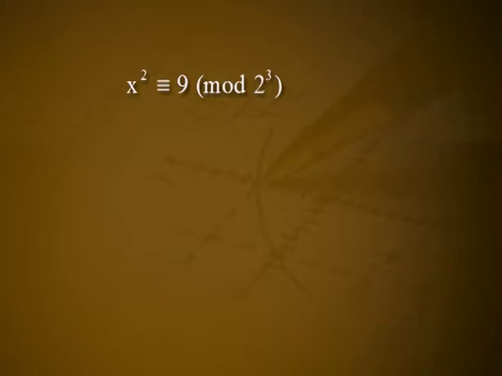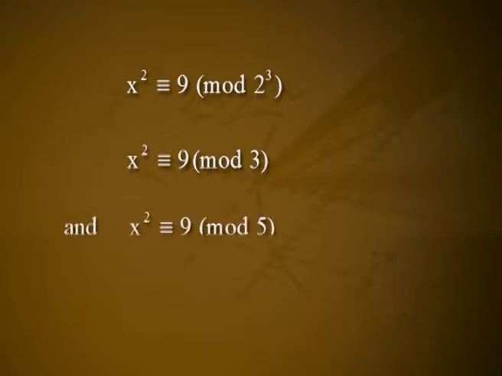Example 4. Prove that the quadratic congruence x² ≡ 9 (mod 120) is solvable. The given congruence is equivalent to the following simultaneous system of quadratic congruences: x² ≡ 9 (mod 2³), x² ≡ 9 (mod 3) and x² ≡ 9 (mod 5).